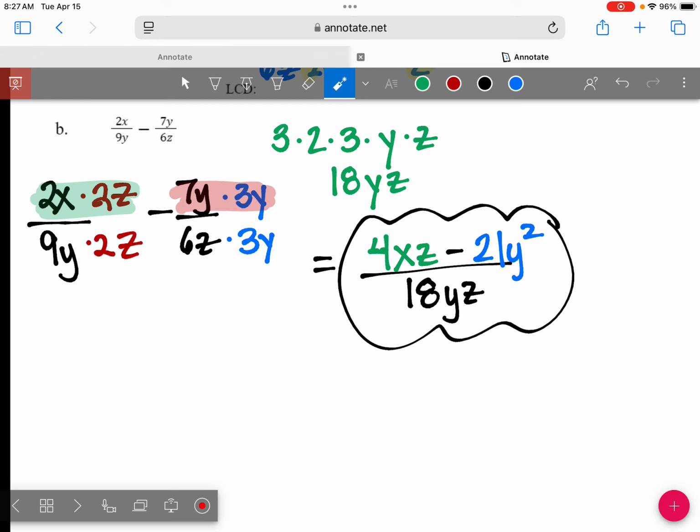It had a 6z, so I had to multiply it by the 3 and the y. Does that make sense? So just make sure I'm not looking at the top at all. When I'm trying to figure out what I'm multiplying by, I'm only looking at my denominator. All right, good question.